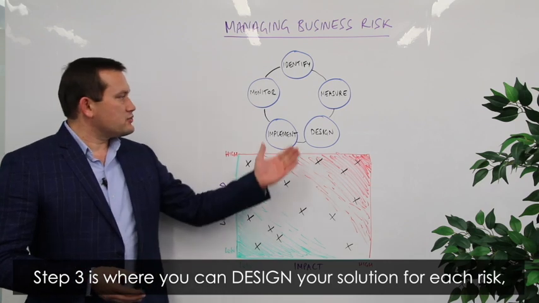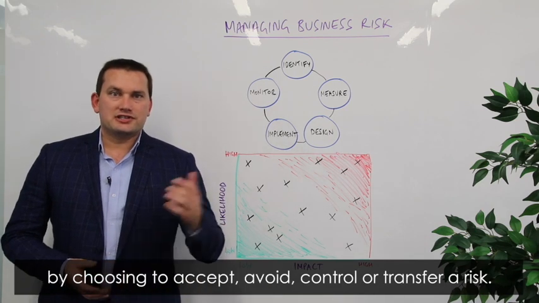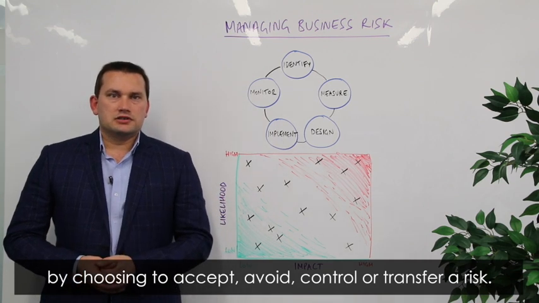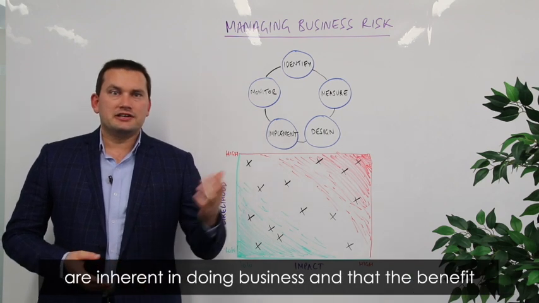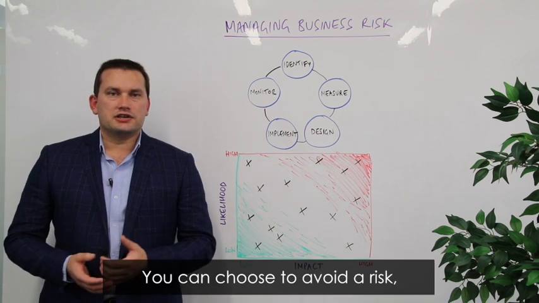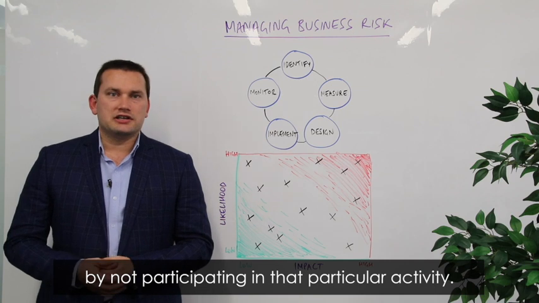So step 3 is where you can design your solution for each risk by choosing to accept, avoid, control or transfer a risk. So accepting the risk means that you accept some risks inherent in doing business and that the benefit outweighs the risk. You can choose to avoid a risk by not participating in that particular activity.